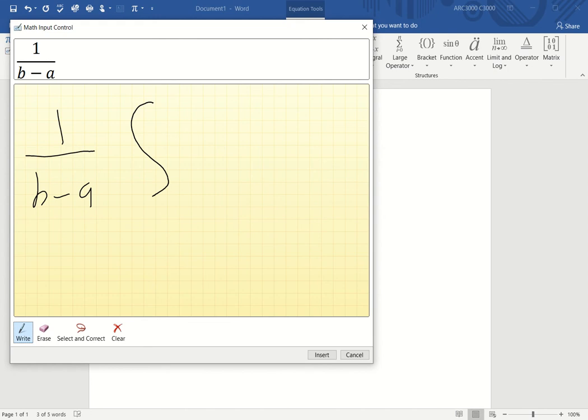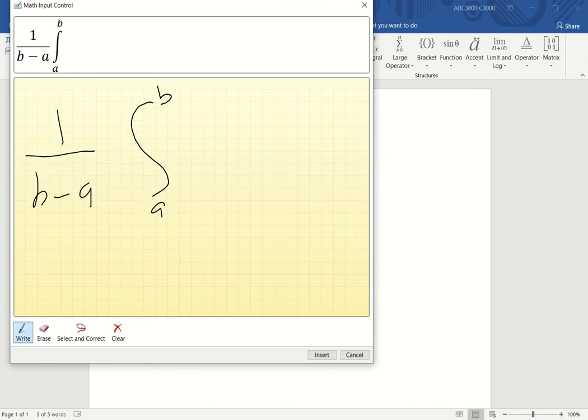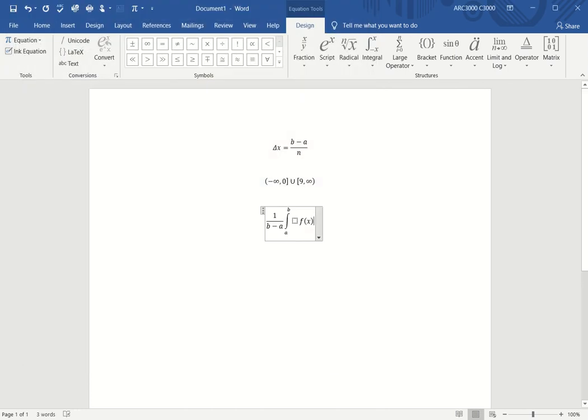The integral from a to b of f of x. There we are, there's our equation. Insert.